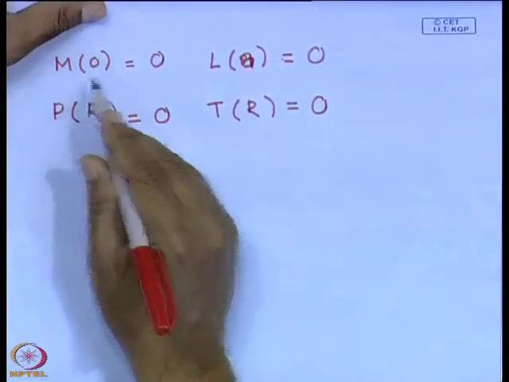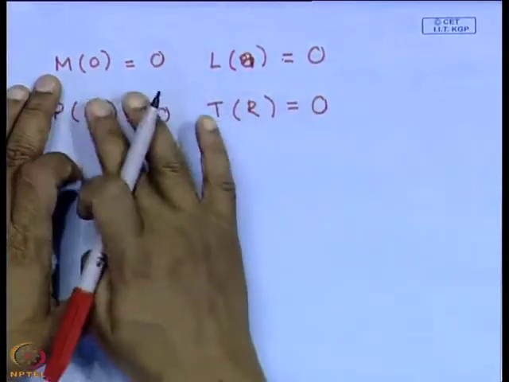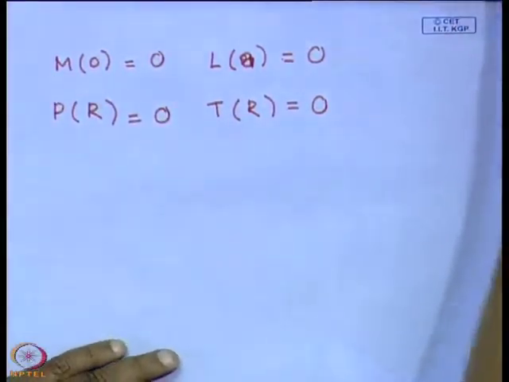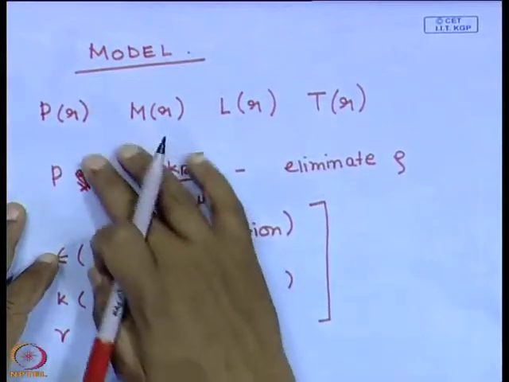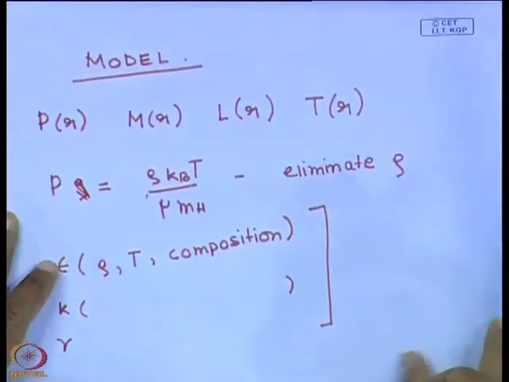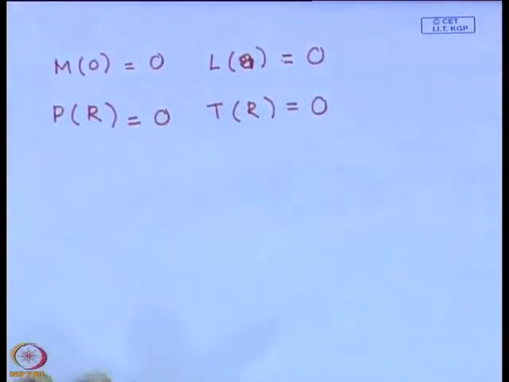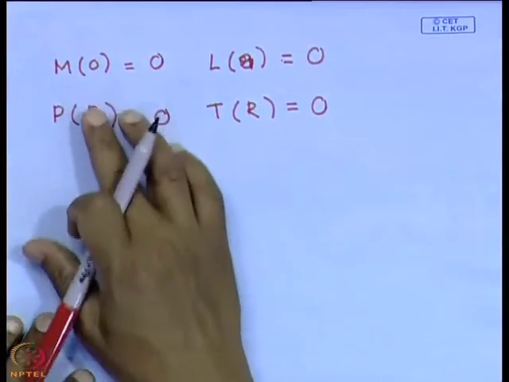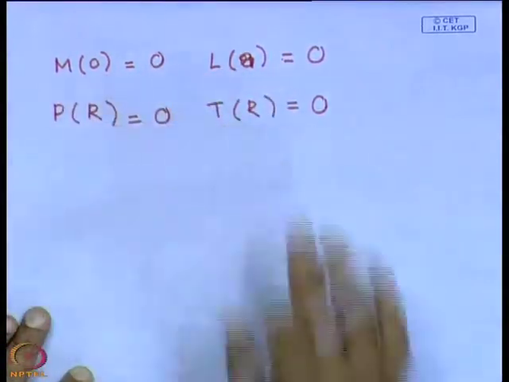So, one could put in these boundary conditions and you have the 4 differential equations in addition to these conditions. Now, I know the mass at the origin is 0, and I know all of these boundary conditions.